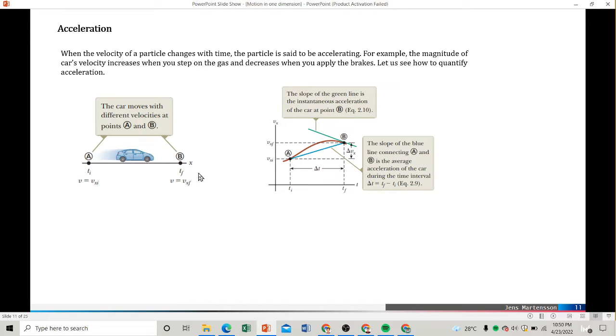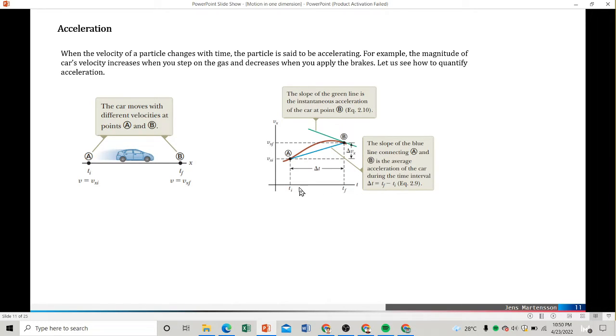We can represent this behavior of the acceleration of this car by a velocity-time diagram.